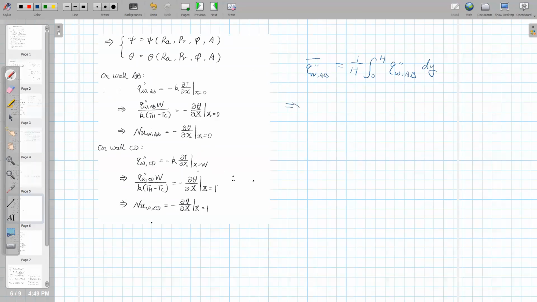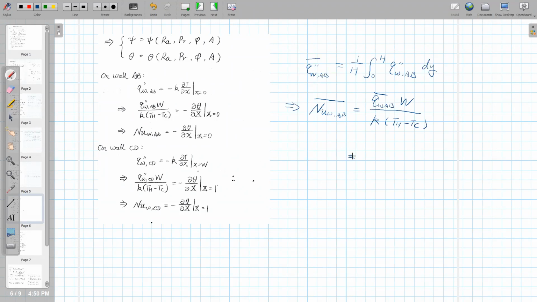Okay, and so you change this y to big Y, and you can get your average Nusselt number on wall AB will be equal to the average q at wall AB times the width, divided by k times Th minus Tc. Okay. This is just the same definition here, but I just changed this wall flux to this average heat flux.